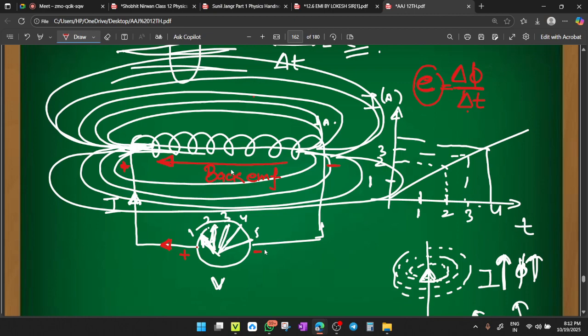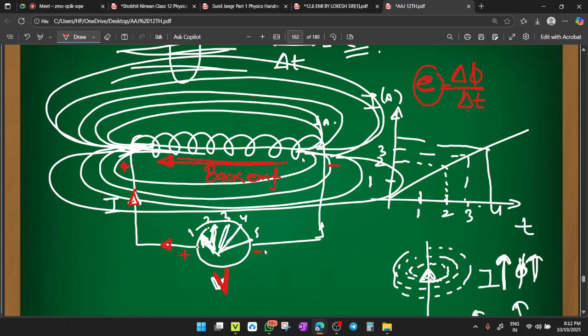Okay. Why is this EMF named back EMF? Because this EMF is against the applied EMF, which is E here, V here. Your applied battery is V, and due to the change in current, an induced EMF is produced opposite to the applied EMF.